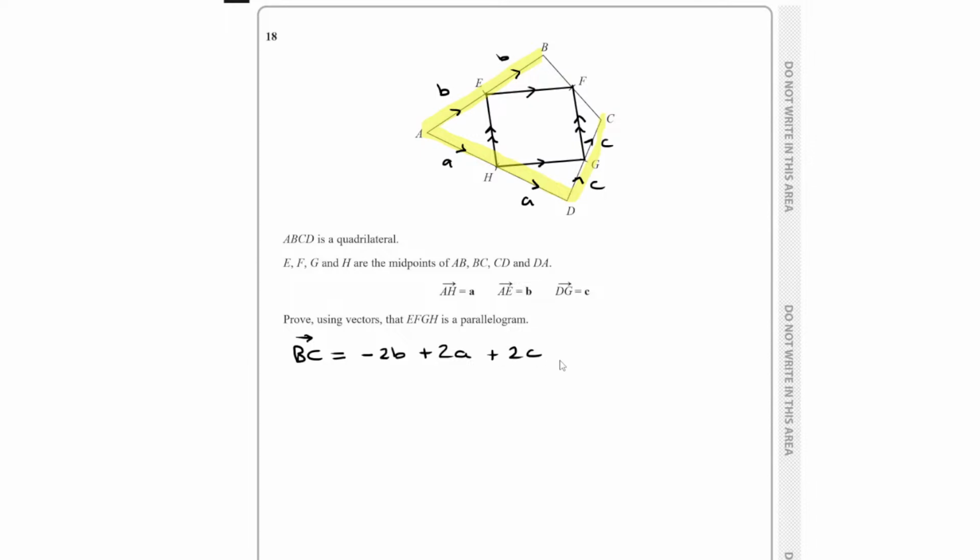So that's the whole of BC. But I only want to know BF, which is half, isn't it? It's the midpoint, it's half of that. So B to F, I can just divide this whole previous one by 2. Same symbols, but instead of being 2b, it's just minus 1b plus 1a plus 1c. Okay? So that's minus b plus a plus c.